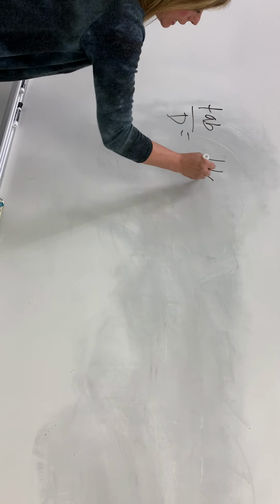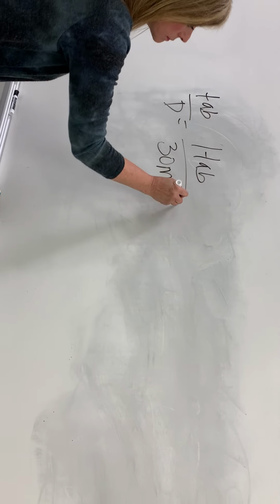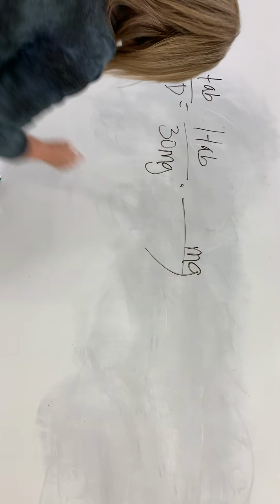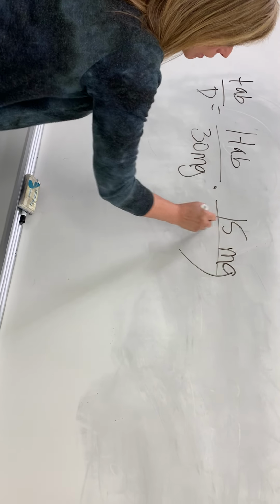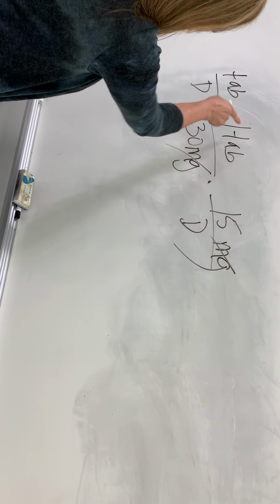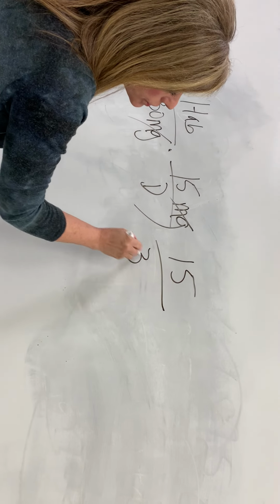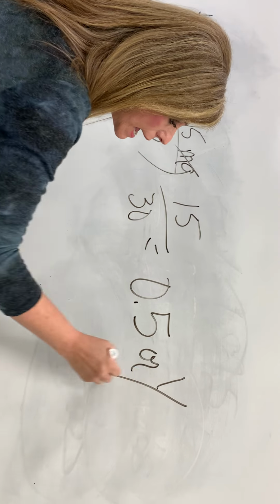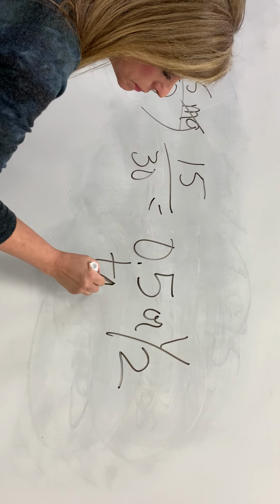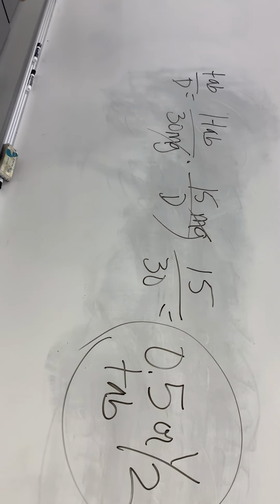So we've got 1 tab is 30 milligrams. This has to be milligrams, and the physician ordered us 15 over dose. Mark that off and that off. Tab over dose is what we're looking for. We've got 15 over 30 is going to be 0.5 or a half of a tab. And that is the answer for that one.